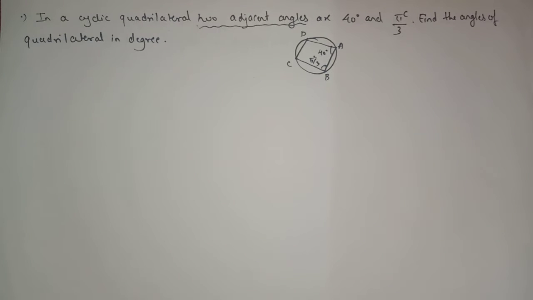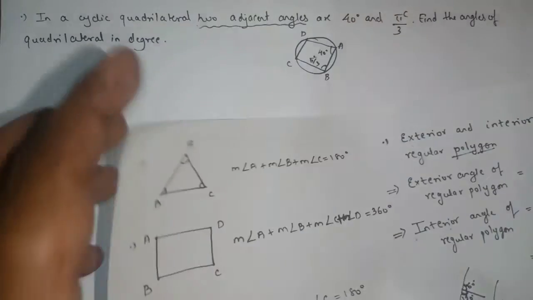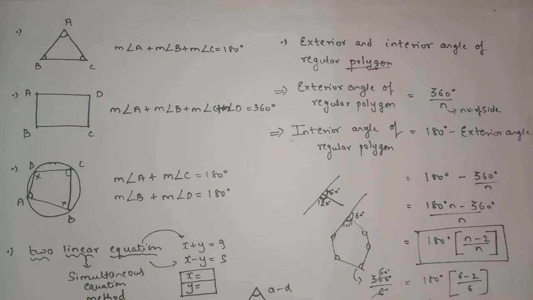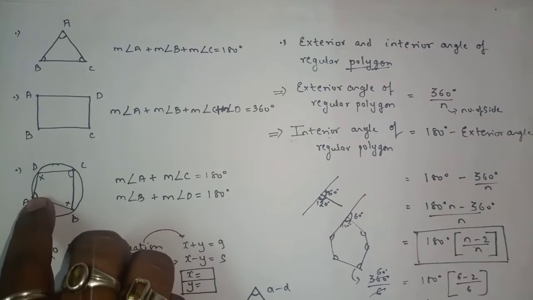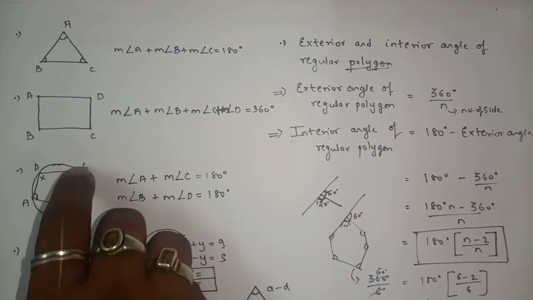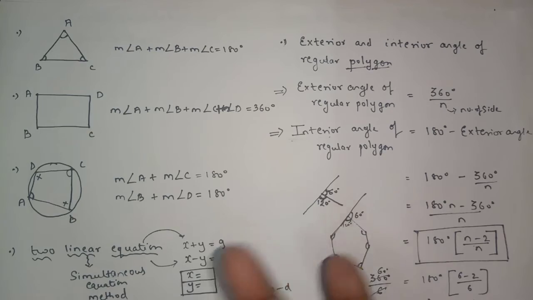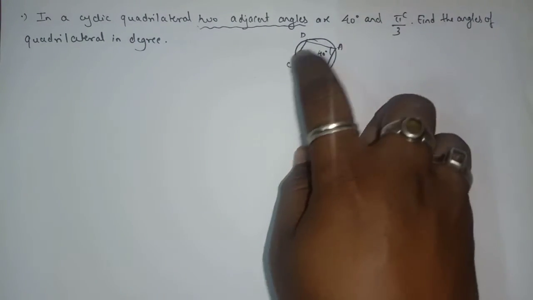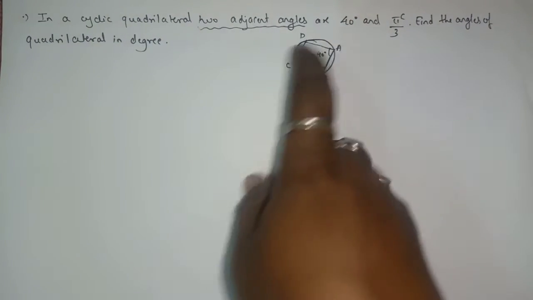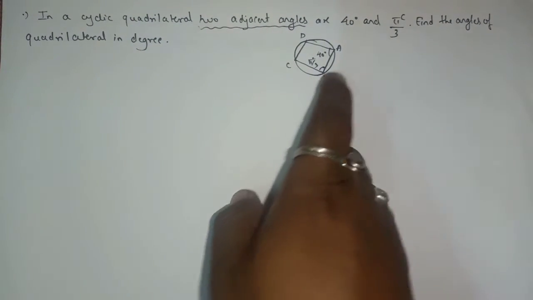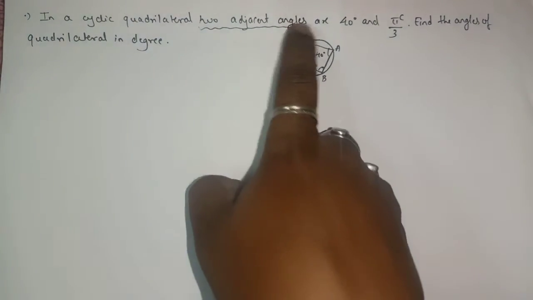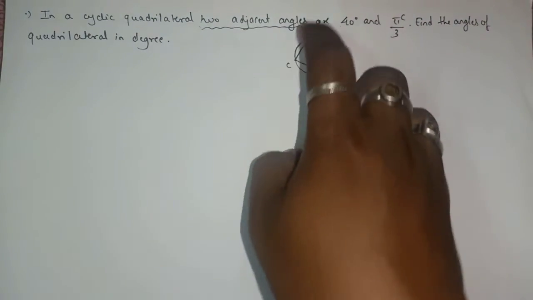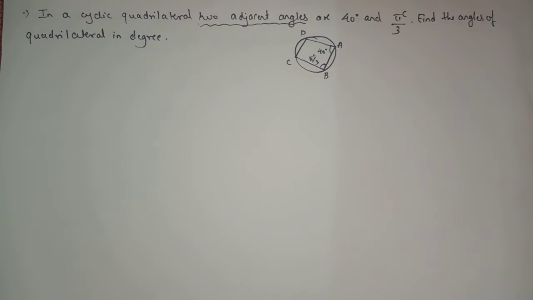As we know, if it is a cyclic quadrilateral, we have to apply this property: the sum of the opposite angles of the cyclic quadrilateral is 180. So for angle A, C is the opposite angle. Measure of angle A plus measure of angle C equals 180, and measure of angle B plus measure of angle D equals 180. Using this property, we can find angle C and angle D.